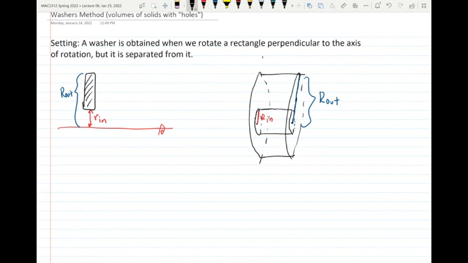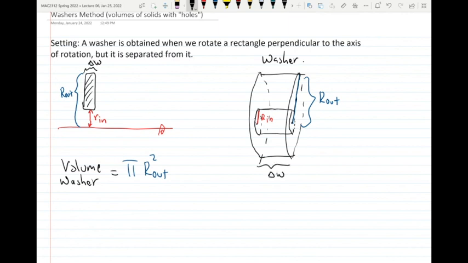So naturally, this is called a washer. So same idea. What's the volume of a washer? The volume of a washer is gonna be the volume of the outside disc. That's pi r out squared, and we have some thickness here, times delta w.